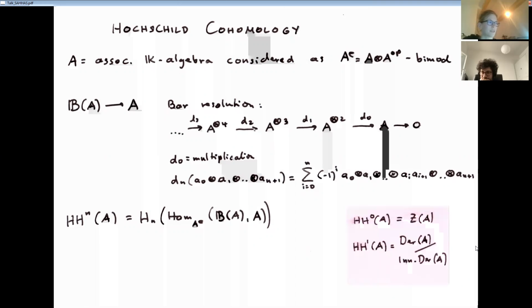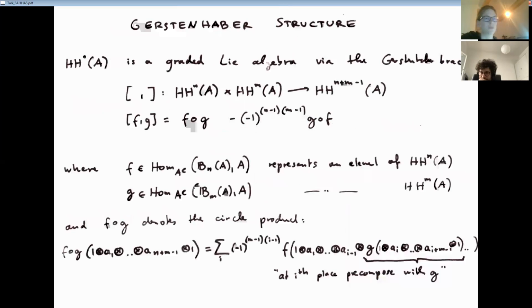Just as a note already, the two prominent Hochschild cohomology groups are zero Hochschild cohomology, which gives the center of the algebra, and more importantly for us, the first Hochschild cohomology, which is isomorphic to derivations on A modulo inner derivations. But I'll come to this again in a moment.